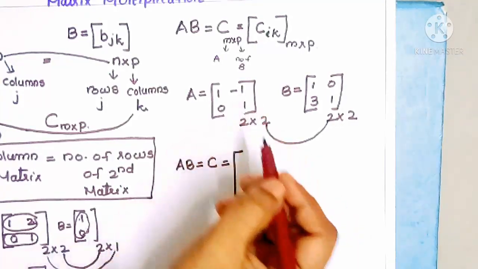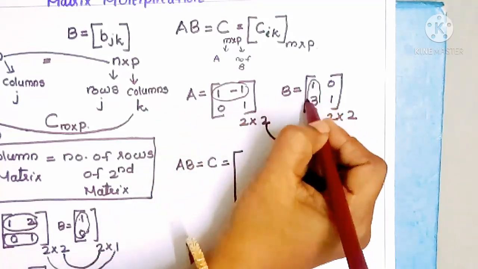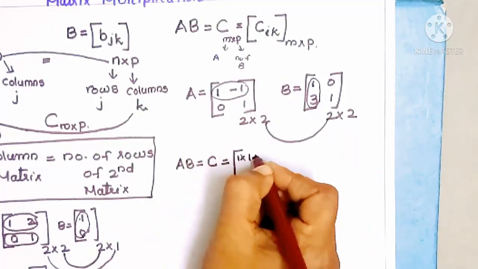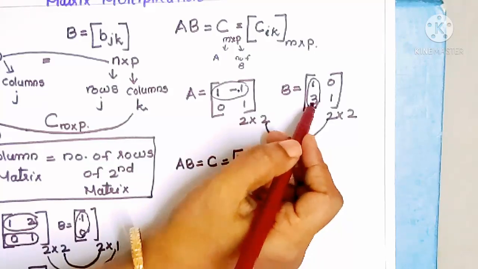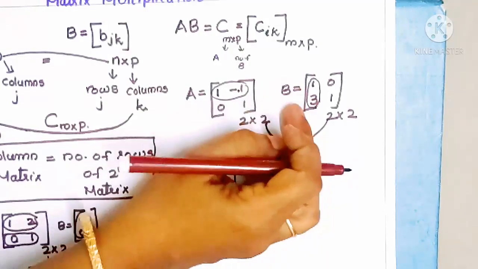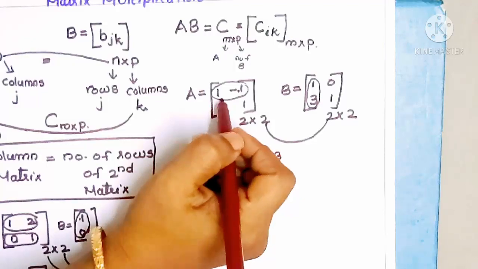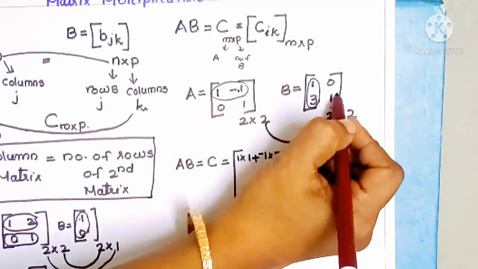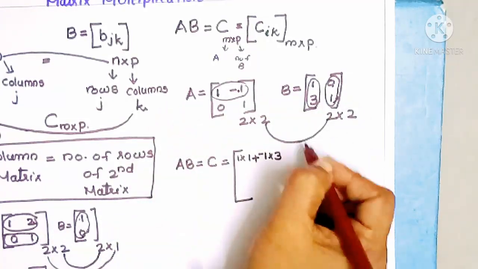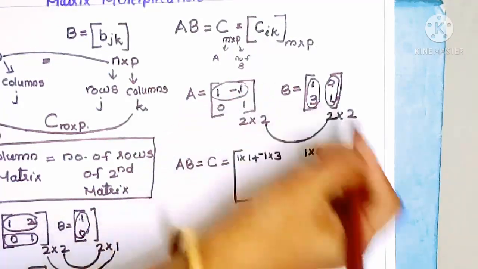How can you multiply? First take the first row and the first column. So 1 into 1, plus minus 1 into 3. Here we have 2 columns, so you can also multiply the first row elements with the second column elements: 1 into 0, plus minus 1 into 1.